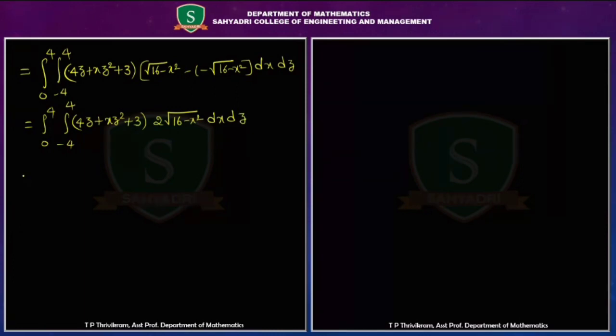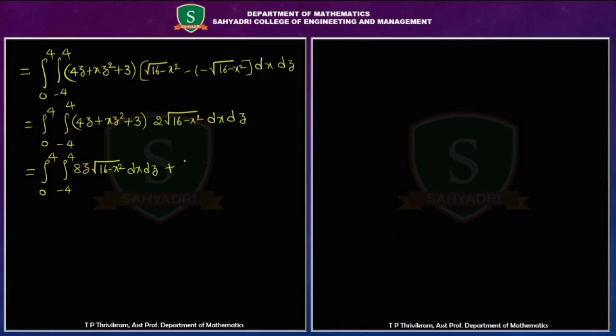So now multiply it into each term. If you multiply it into each term, how much do you get? Integral 0 to 4, integral minus 4 to 4, first term is 2 into 4, that means 8z root 16 minus x square dx dz.